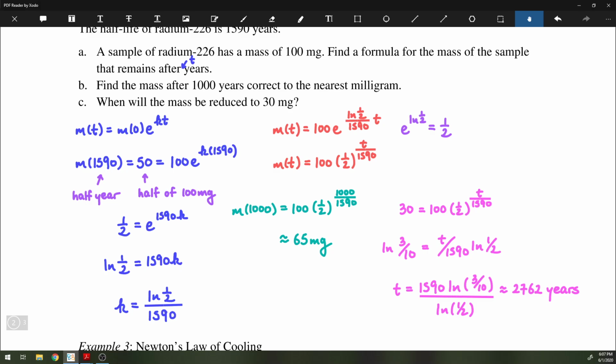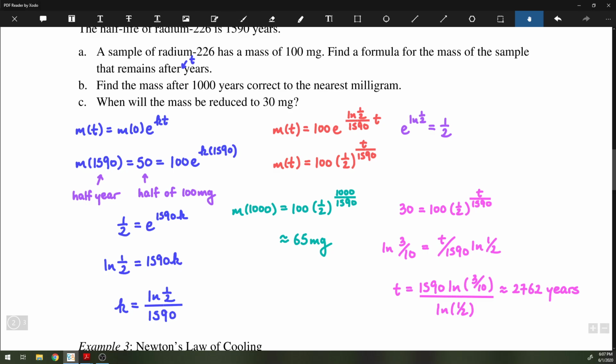A 100 milligram sample will reach 50 milligrams after 1,590 years, and it will reach 25 milligrams in an additional 1,590 years. So it's about 3,000 years for two half-lives to have happened. Of course, 30 milligrams is not quite that far into the future. So 2,762 years makes sense in that line of reasoning.